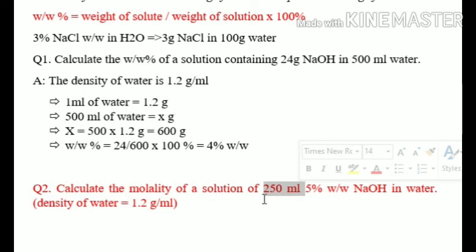So in x gram water, how many gram NaOH is there? You find that out. Okay, you find the number of moles. After that you divide the number of moles by the weight of this amount of solvent in kg, using the density of water, and send me.